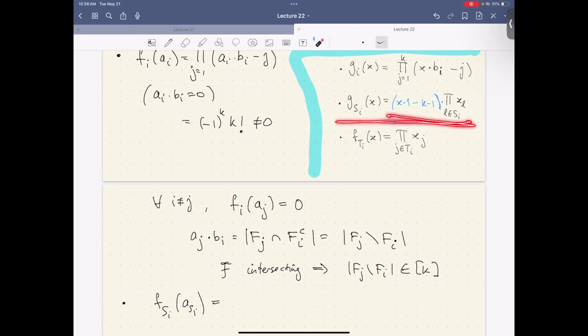If you take the multilinear reduction and feed its characteristic vector, this part just becomes 1. And this part is the size of the set Si. So it's just 1 times size of Si minus k minus 1, which equals size of Si minus k minus 1. But Si is a set of size at most k minus 1, so this is not 0.